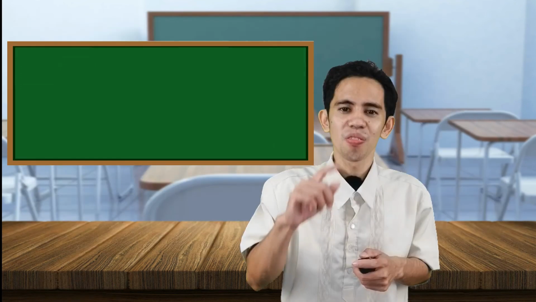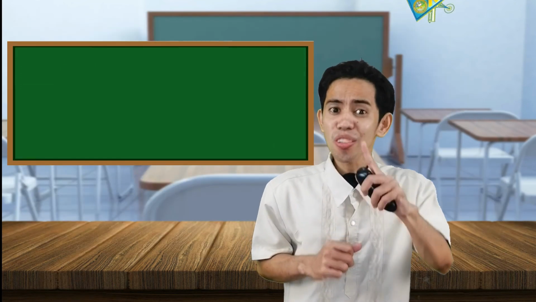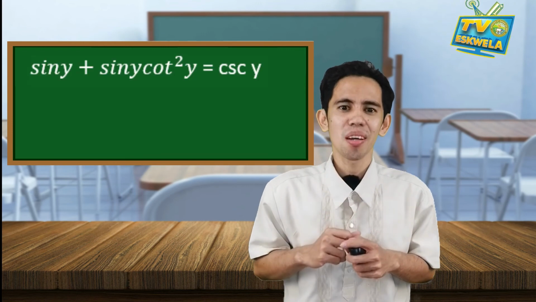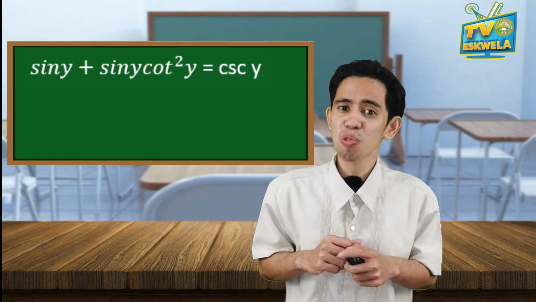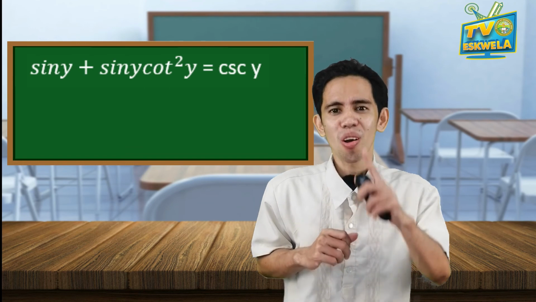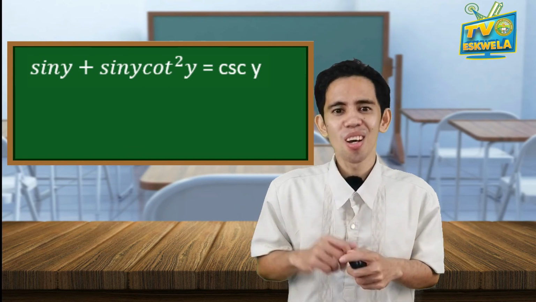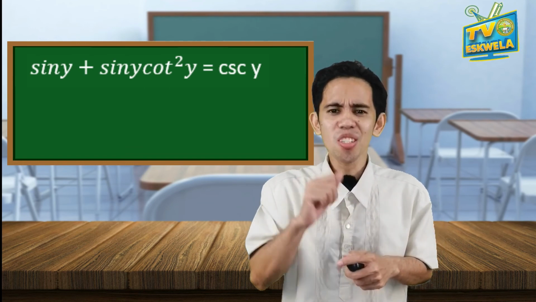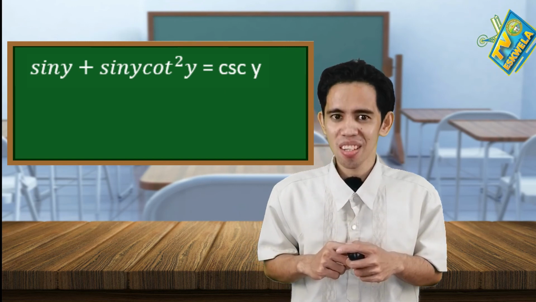Very good. For this example, I want you to solve sin y plus sin y cot squared y is equal to cosecant y. Solve this in just 30 seconds.